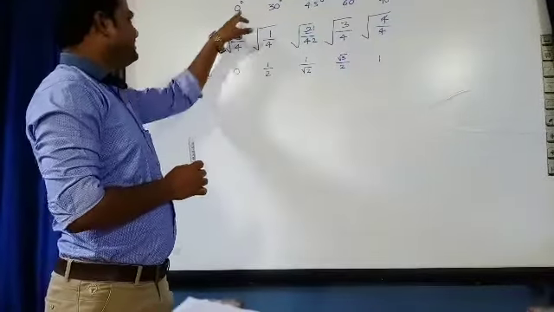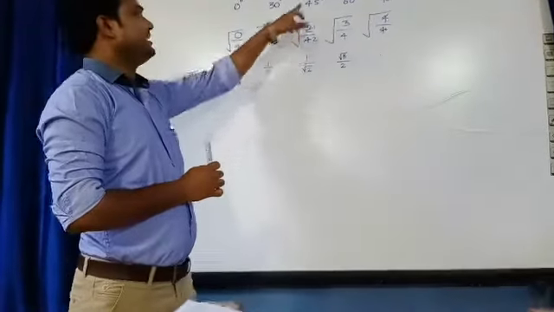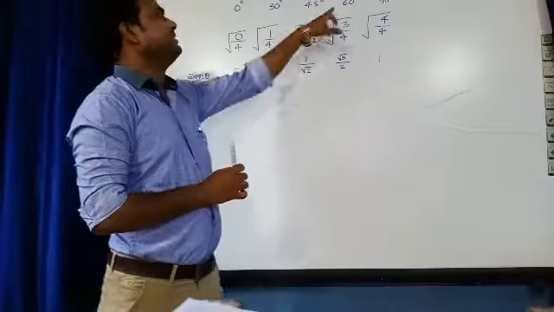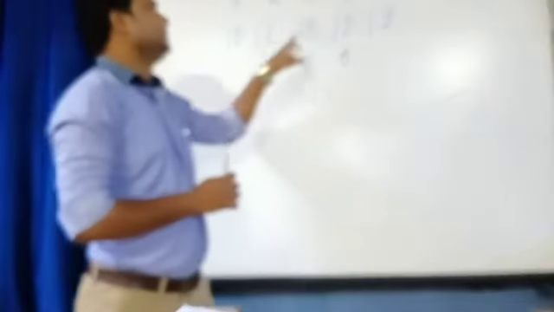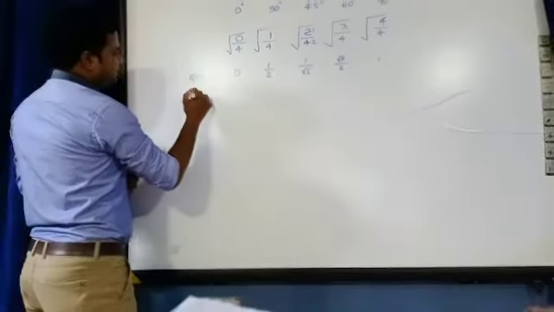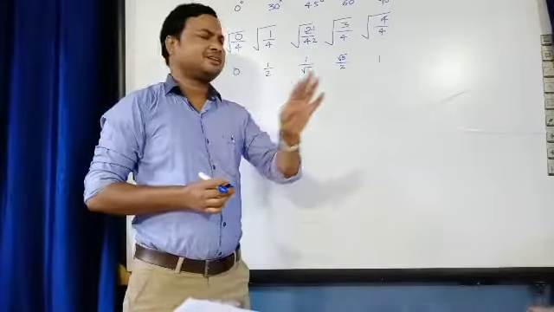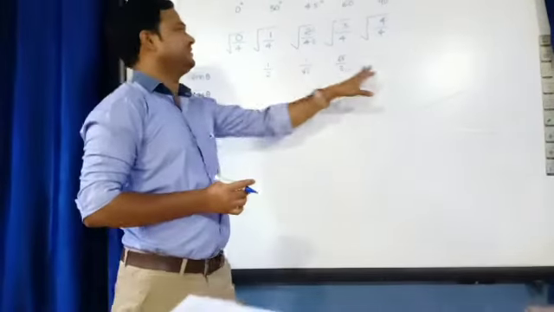Look, sin 0 is 0, sin 30 is 1 by 2, sin 45 is 1 by root 2, sin 60 is root 3 by 2 and sin 90 is 1. Now move to cos theta. Just write the sin theta values in reverse order.